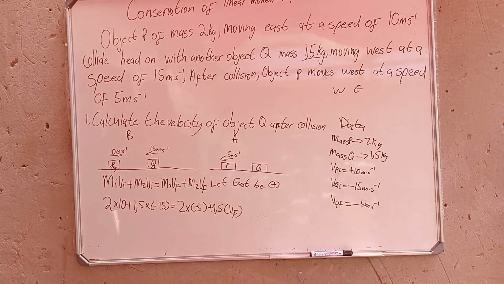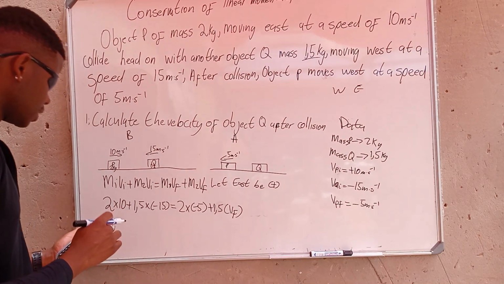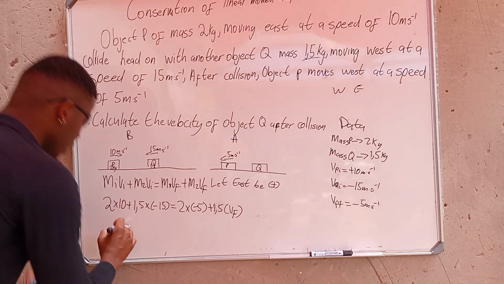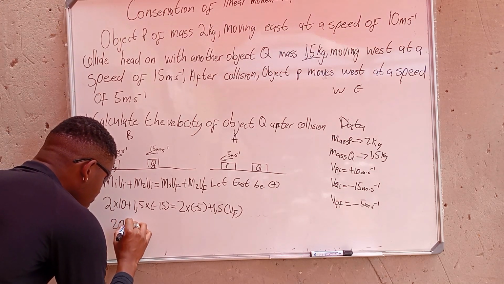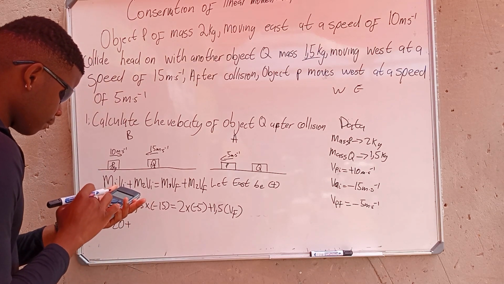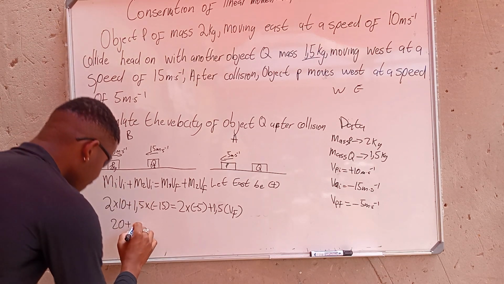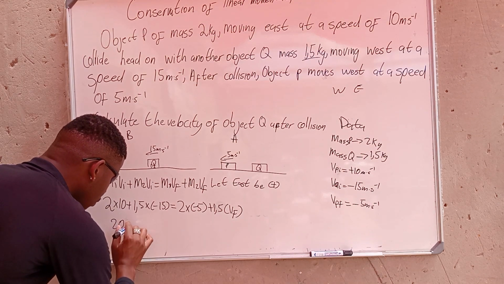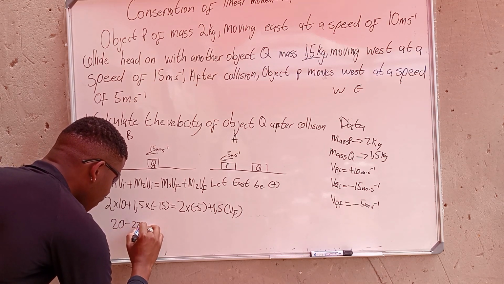On my calculator, 2 multiplied by 10 is 20, plus 1,5 multiplied by negative 15 gives us negative 22,5.